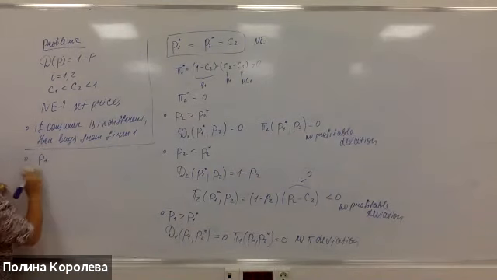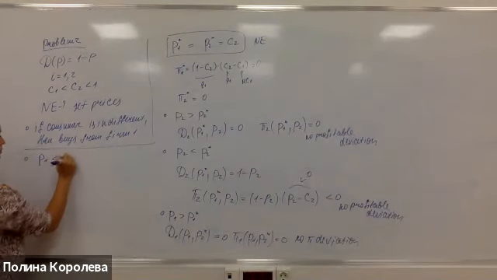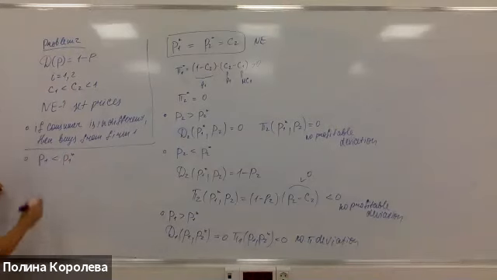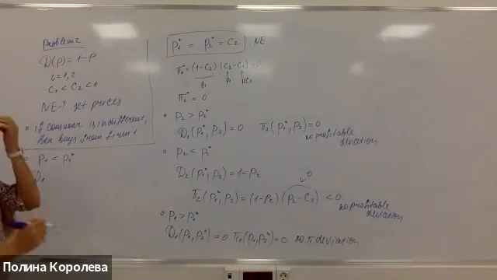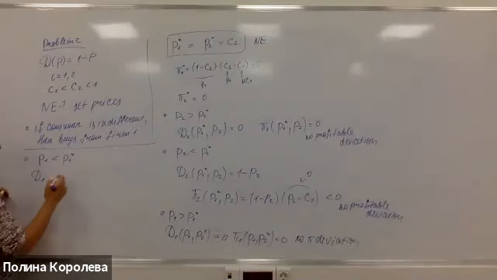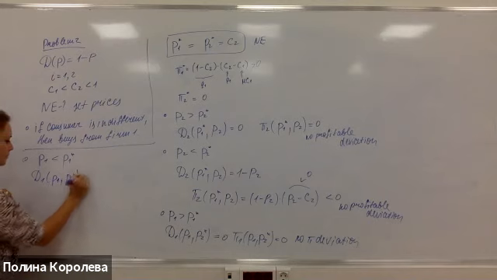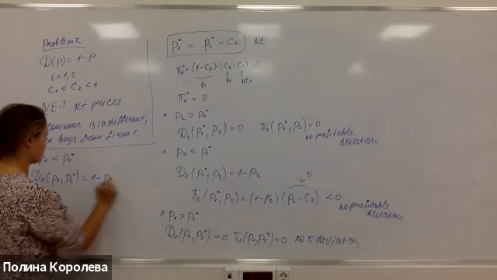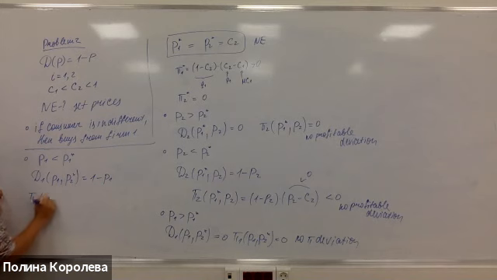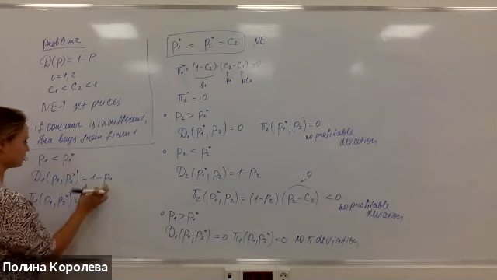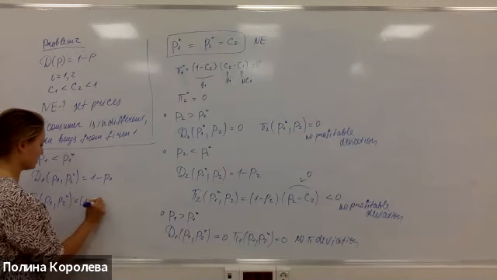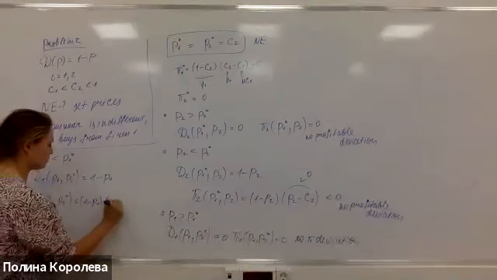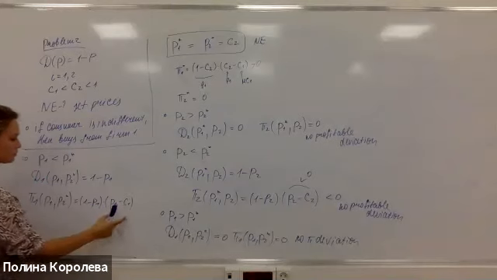If the price of the first firm is lower than the equilibrium price, the demand, everybody will come to this first firm, yes? It will be equal to 1 minus P1, and the profit will be equal to total sales, 1 minus P1, multiplied by price minus the cost of the first firm.